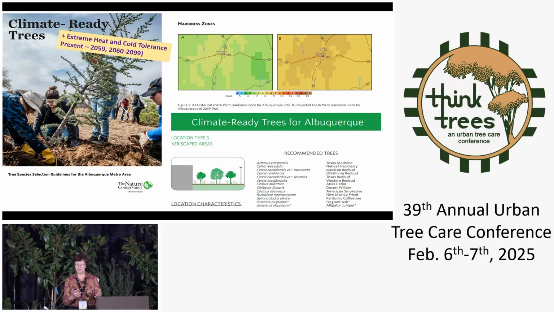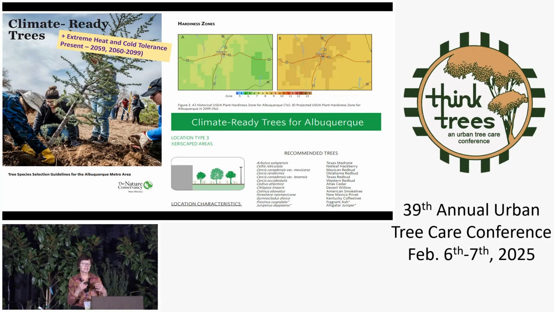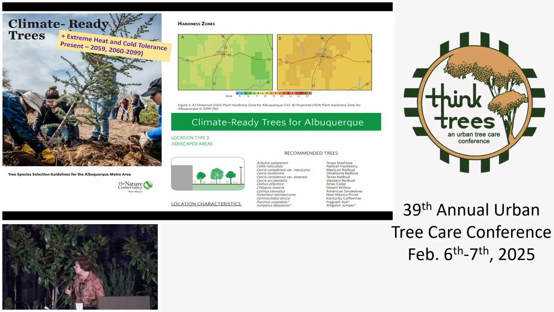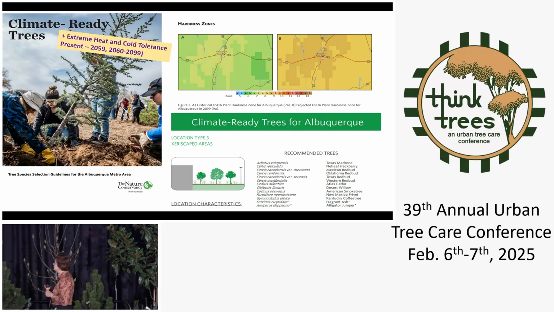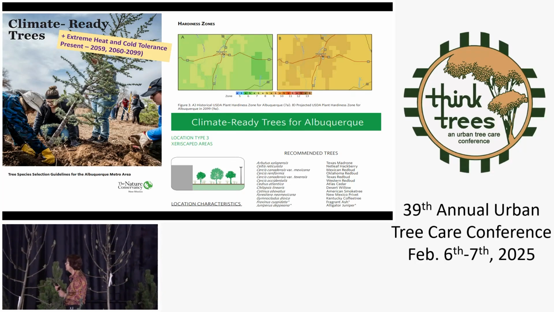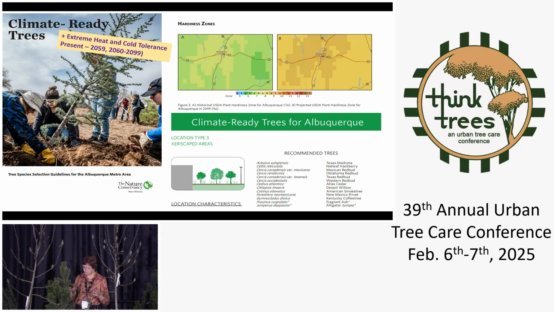The present is defined as now until 2059. And so you have all these different trees for all the different situations, for streetscapes, for areas where you may have high urban heat islands and so on. It also shows in that map over here what USDA hardiness zones there are, and we're definitely going to a warmer hardiness zone.